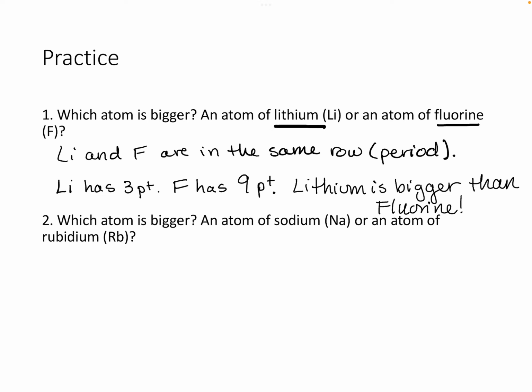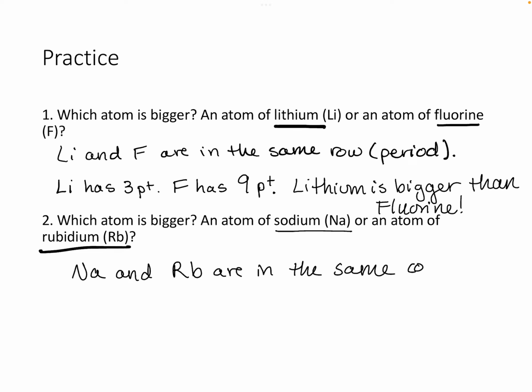Now let's look at the next question. Let's compare sodium and rubidium. So are they in the same row or the same column? The same column, right? So sodium and rubidium are in the same column, which we also call a group.